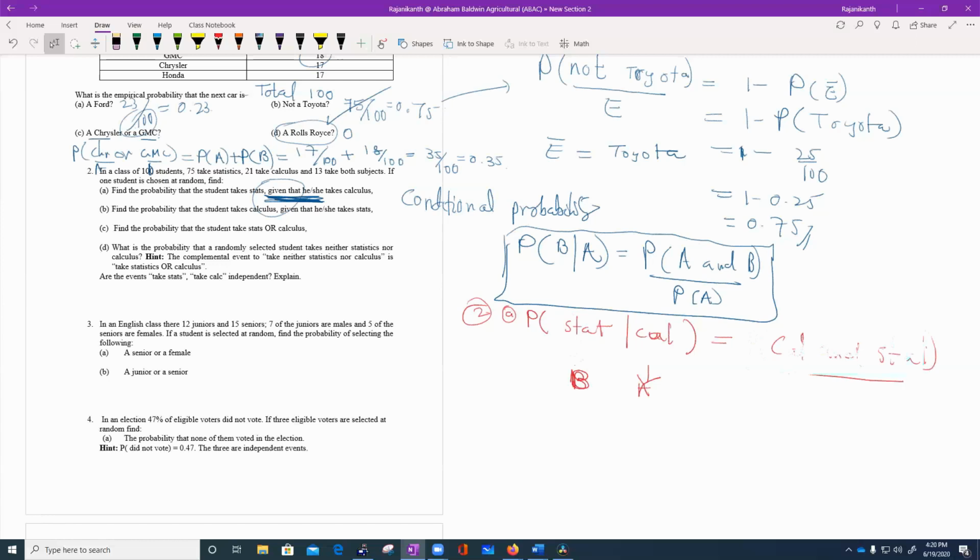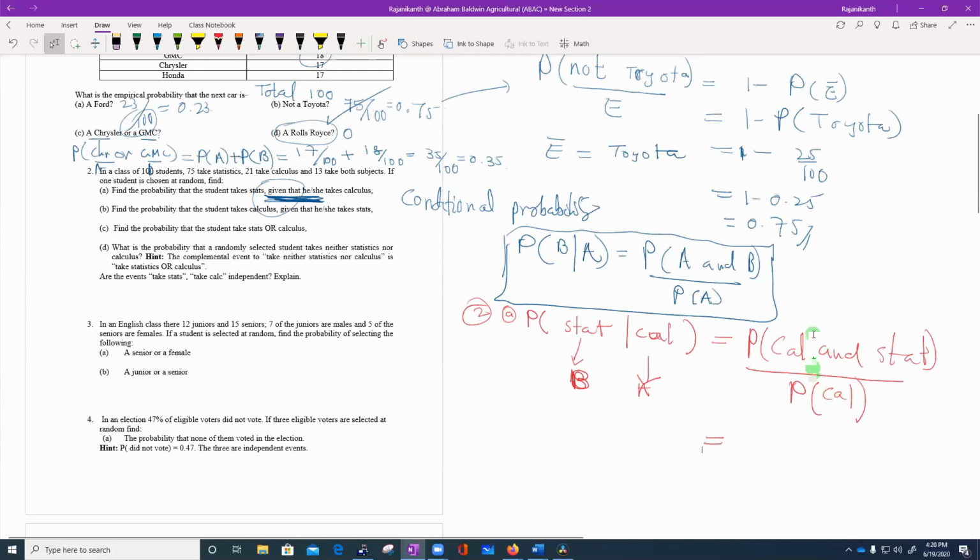So that means the probability of statistics given the calculus is simply probability of calculus and statistics over the probability of what? A. A. What is A here? Calculus. Calculus. That's it. Now what is your task? Your task is to find these two probabilities, this one and this one separately.